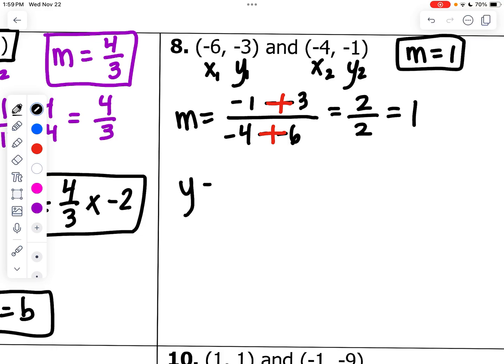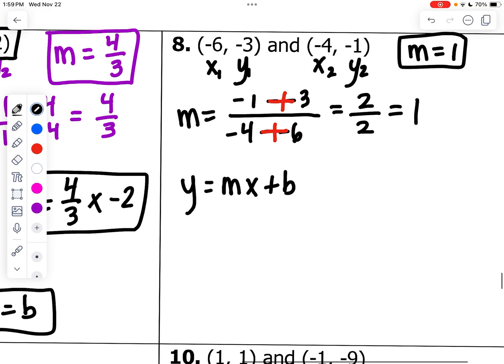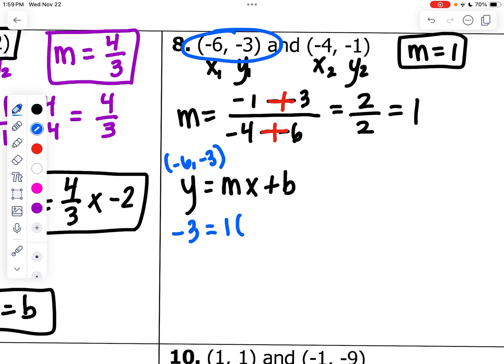Now you have y equals mx plus b. I'm going to use the first point. Okay, so that tells you my y is negative 3. My slope is 1 and my x is negative 6. Right? Y is negative 3.